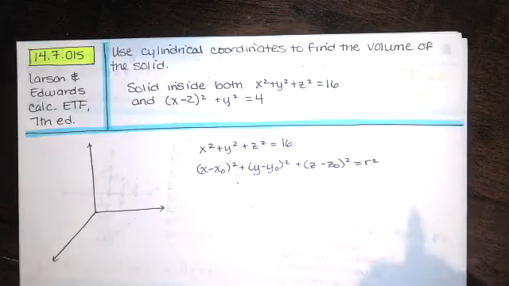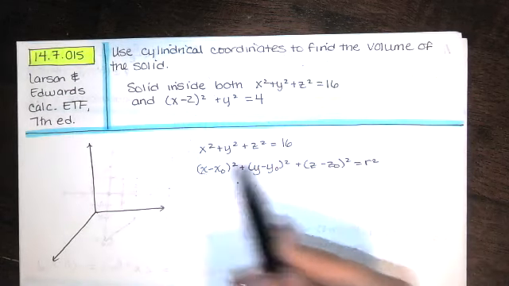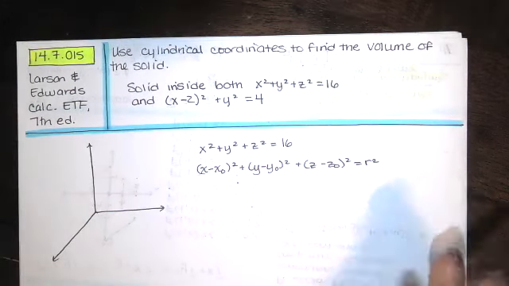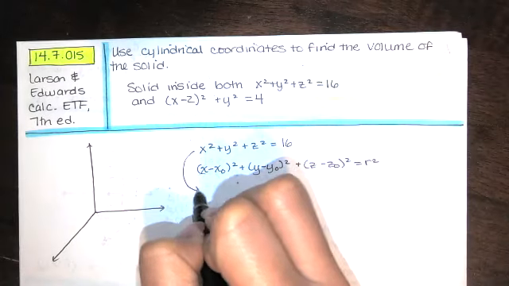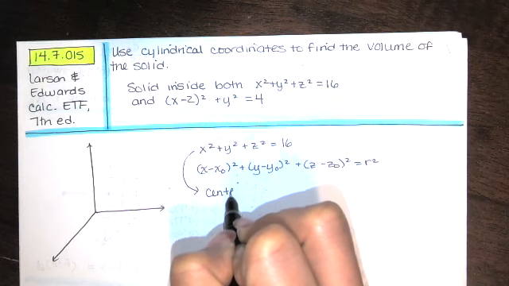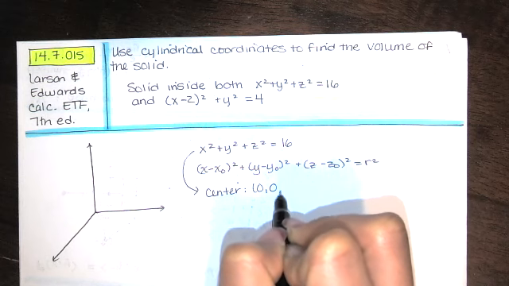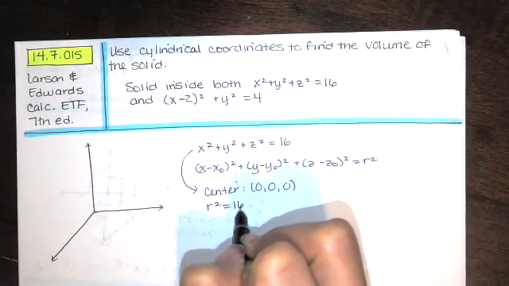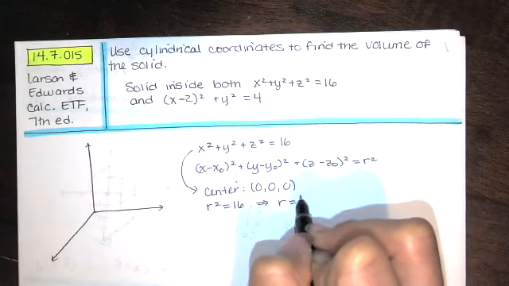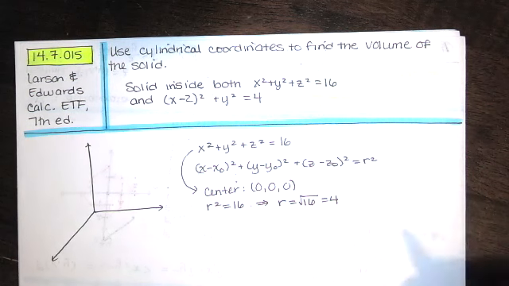X naught, y naught, z naught is the center of our sphere because we're not subtracting anything from the x, y, or z. Our x naught, y naught, z naught is 0, 0, 0. So we've got a sphere centered at the origin, and the radius squared is 16. So that means that the radius is the square root of 16, or 4.